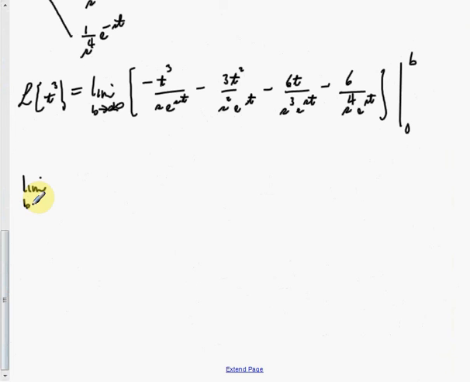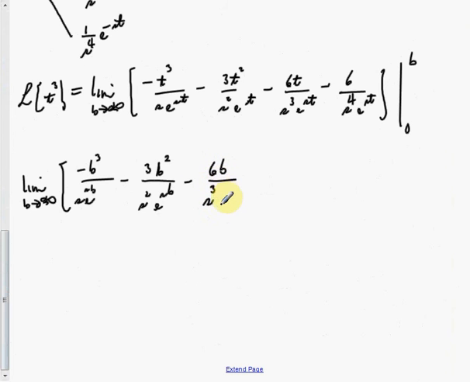So this is the limit as b goes to infinity of negative b to the third over s times e to the negative sb, minus 3b squared over s squared times e to the negative sb, minus 6b over s to the third times e to the negative sb, minus 6 over s to the fourth times e to the negative sb.